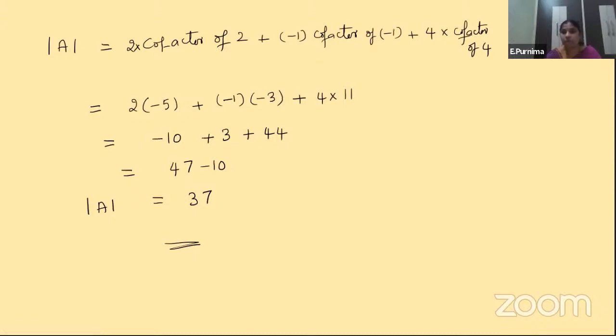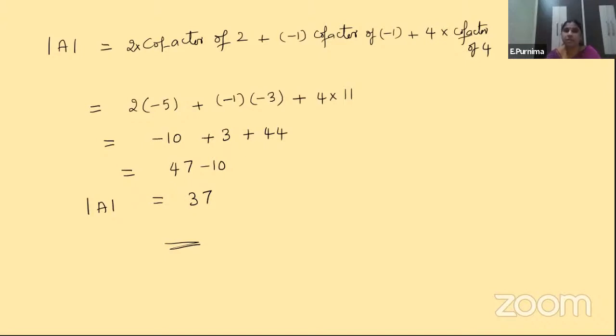In total we have 3 rows and 3 columns. Any row or any column we can take. But if you are taking the second row, you should take all the elements of the second row only. Clear? If you are taking the first column, then you have to take all the elements of the first column only. So we can find the determinant using any row or any column, but usually we do it with the first row.